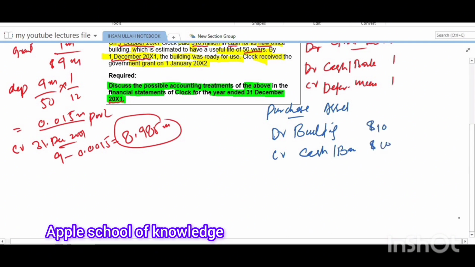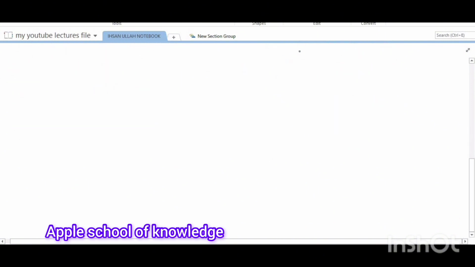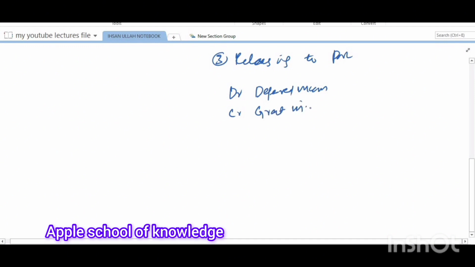Clear? Now releasing the government grant to profit or loss. So here I will write releasing to profit or loss. First, debit will be the deferred income, and the credit will be your grant income.